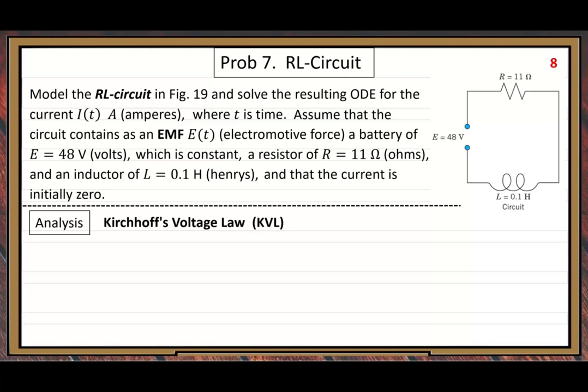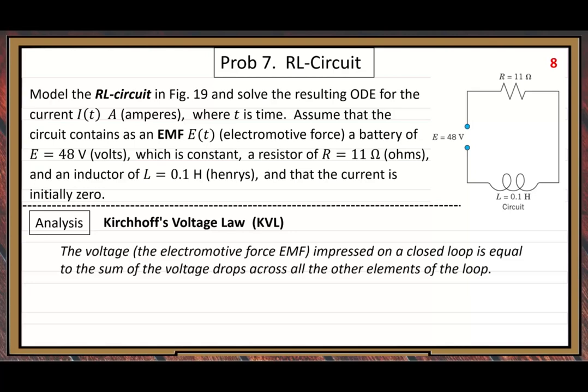So let's look at the law description. The voltage, here we refer to the electromotive force, EMF. There is a voltage number. The energy, the power. We need energy to power the whole electric circuit.